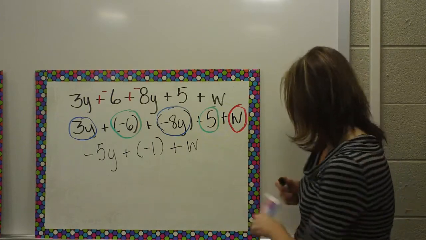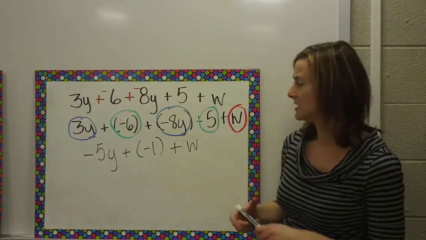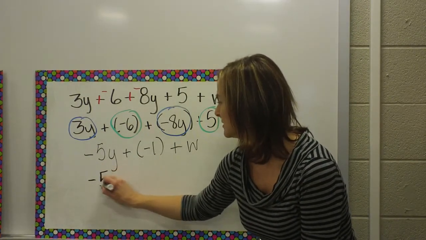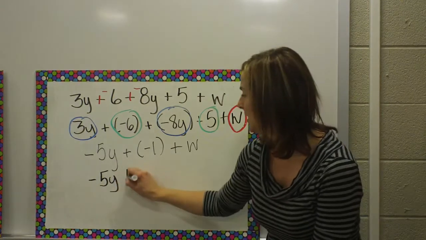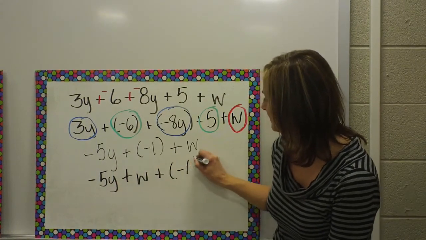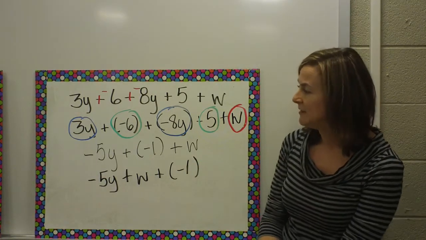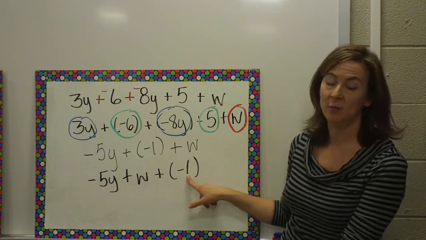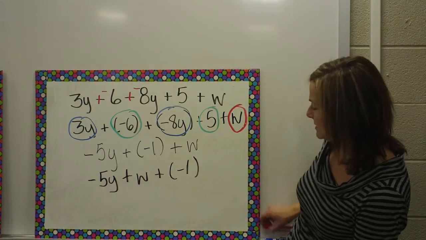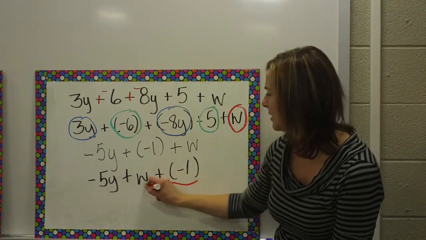So again, I want to make sure I'm writing them in order. So I start with my variables with exponents. I don't have any of those. Then I just make sure I have my variables. So negative 5y and W and negative 1. The very last step we didn't do in the last example is, if needed, eliminate the parentheses with KFC. So what that means is I'm going to rewrite this back to a subtraction problem.